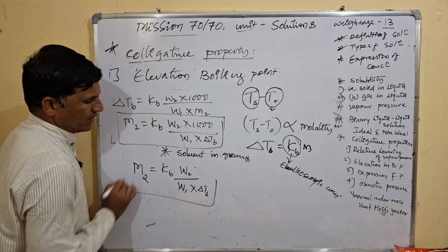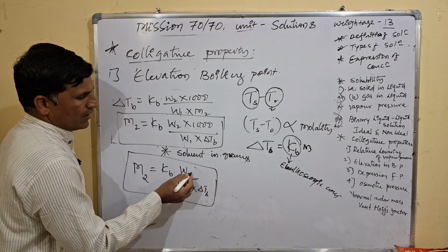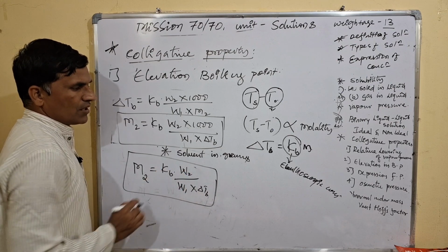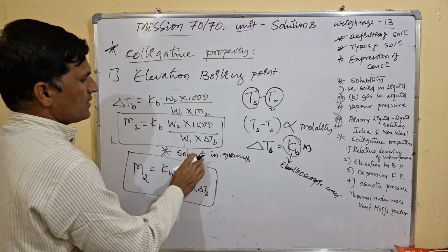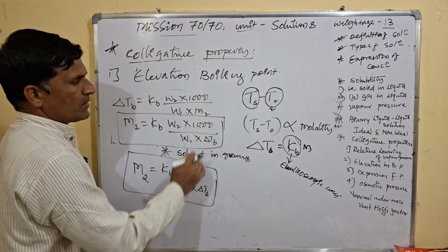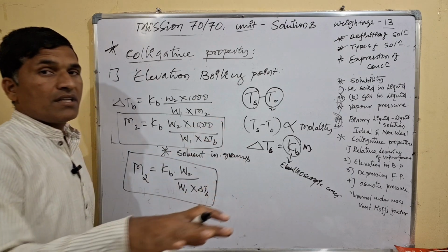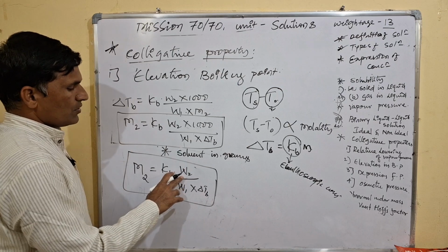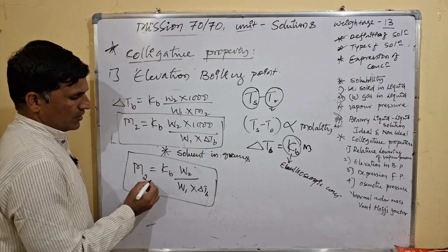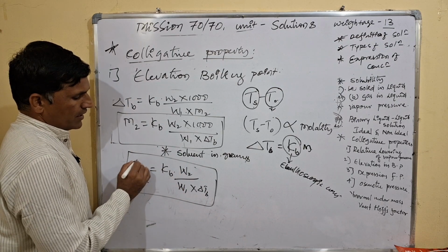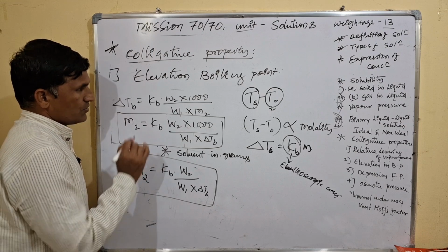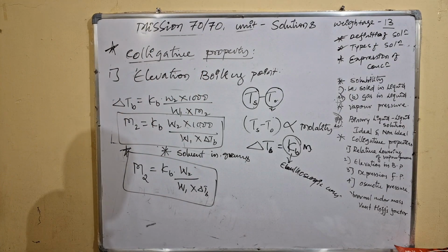This is the other formula you have to use when the solvent is already given in kilograms. If it is given in grams, then you have to multiply with 1000. So this is how we can determine the molecular mass by using elevation in boiling point.